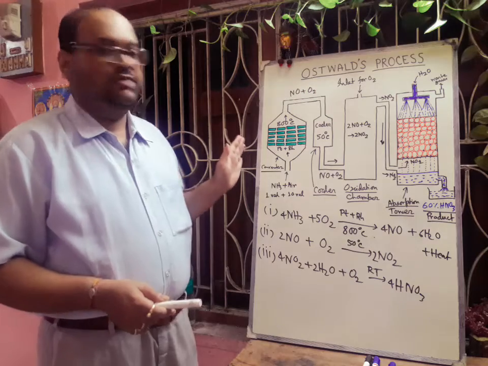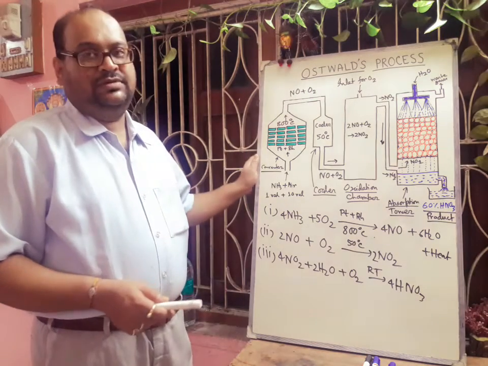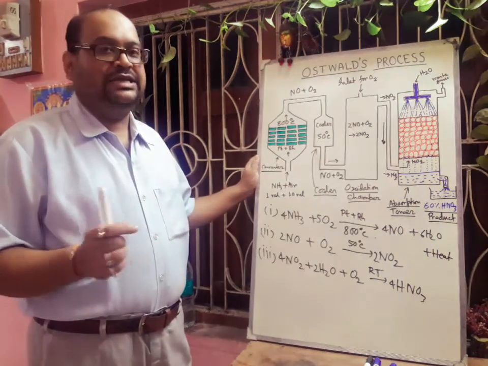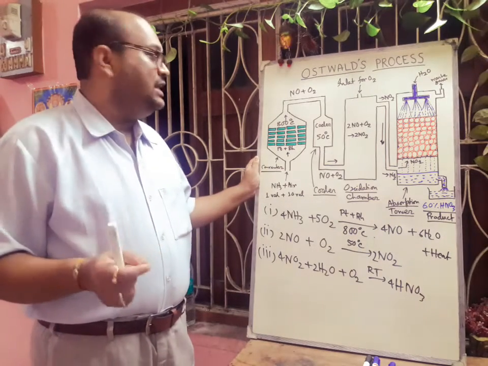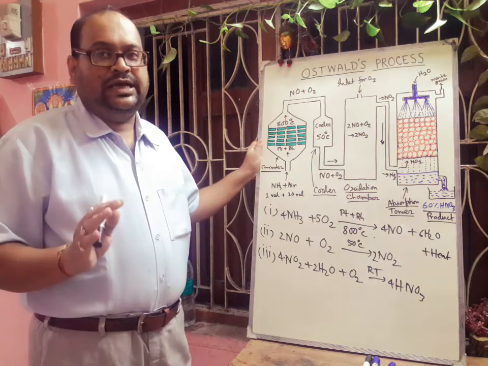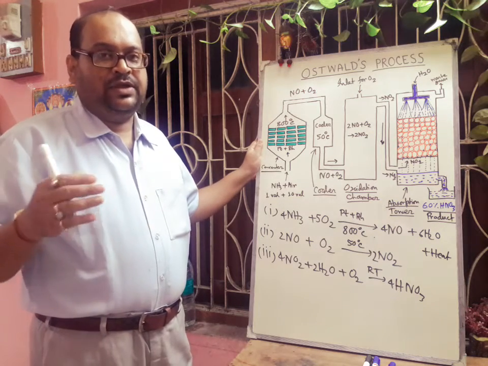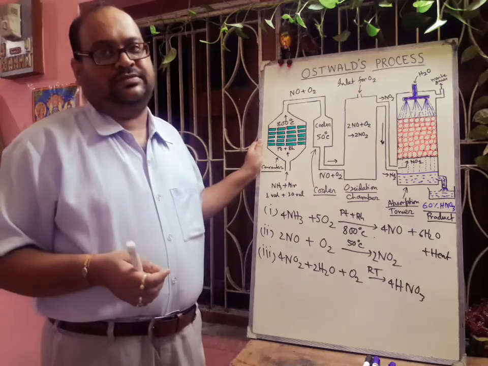Now next step, what do we have to do? As the reaction is exothermic, one thing you have to keep in mind: heat is required only in the initial stage, that means in the beginning. Once the reaction has started, the heating is stopped, because the heat evolved during this reaction maintains the necessary temperature.